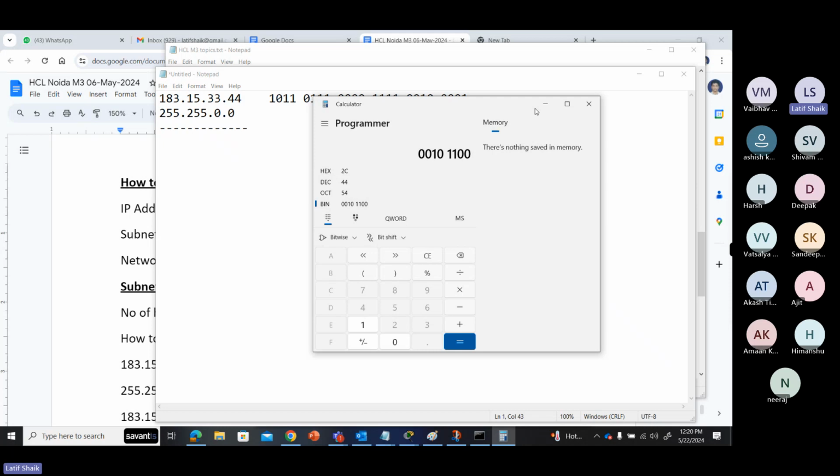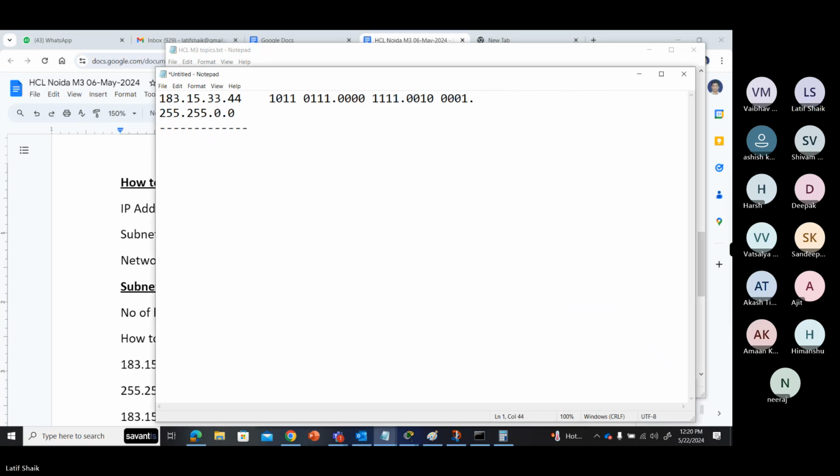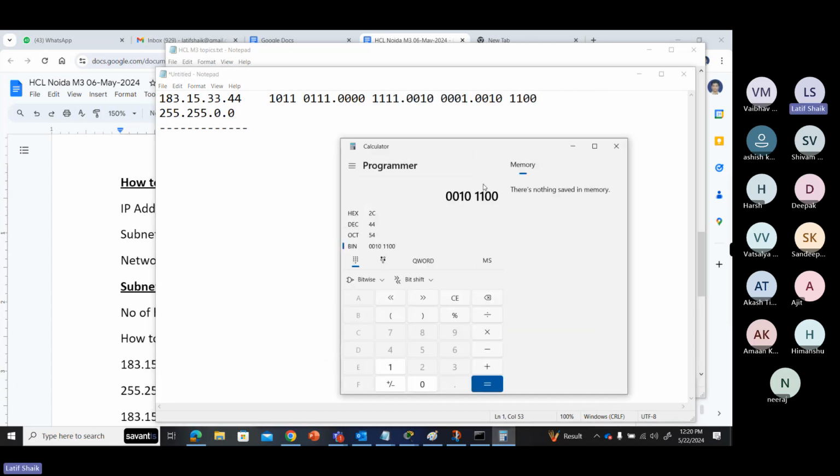You can take it from here or you can calculate. 44 means 128, 64, 32. 44 minus 32 is 12. So it's 8, 4, 2, 1, and the same thing.